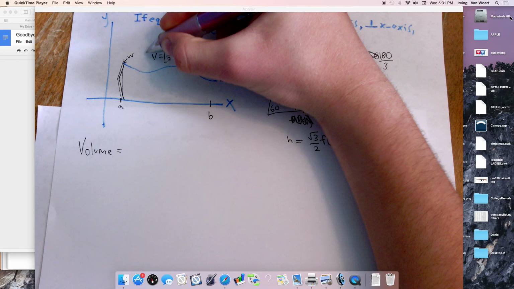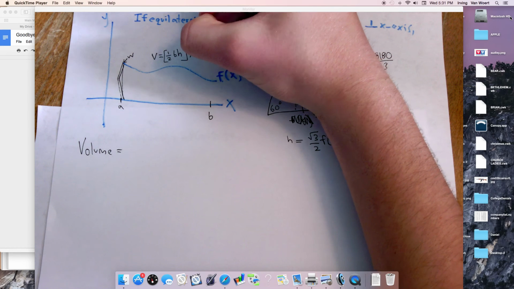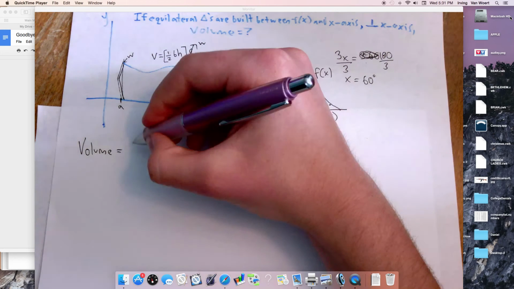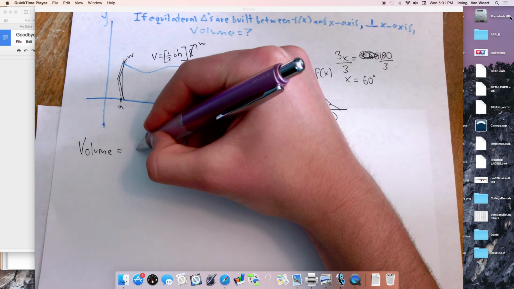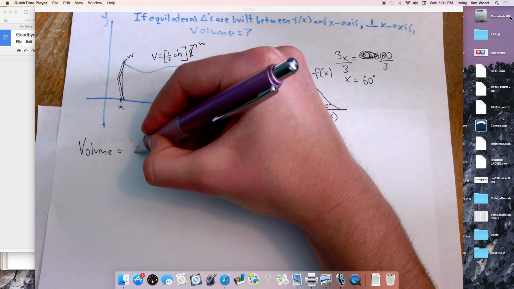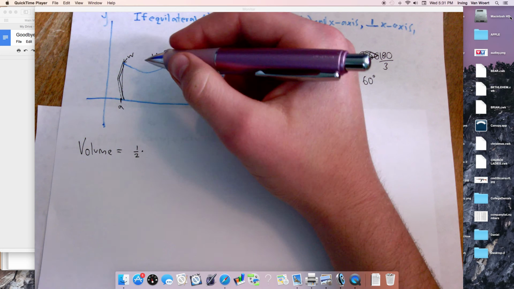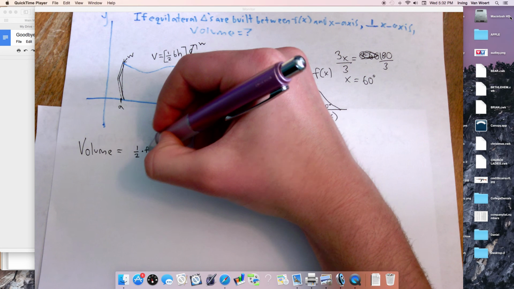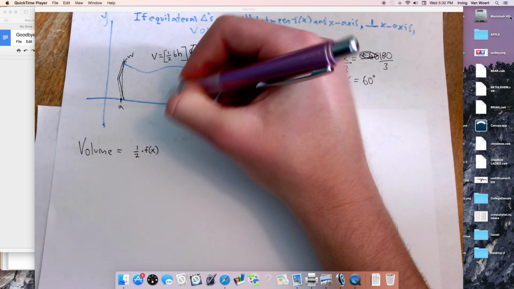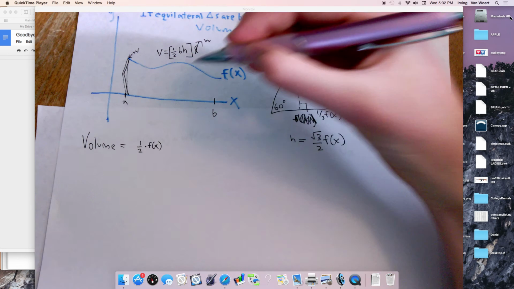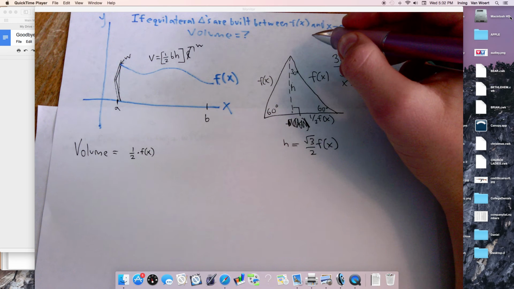And in this case, I'm talking about W as the length. Okay. So the volume of the first one is going to be 1/2 times the base. What is the base? Well, the base is f of x, times the height. We just said the height is radical 3 over 2 f of x.